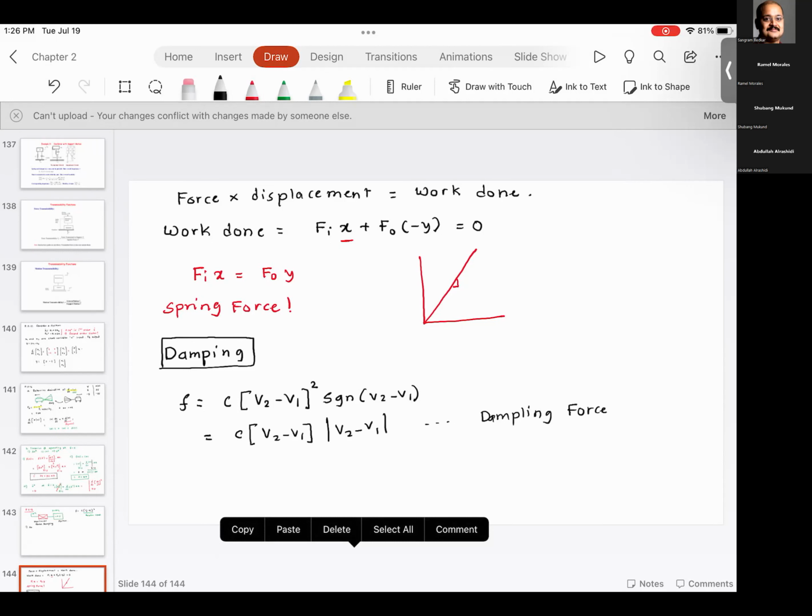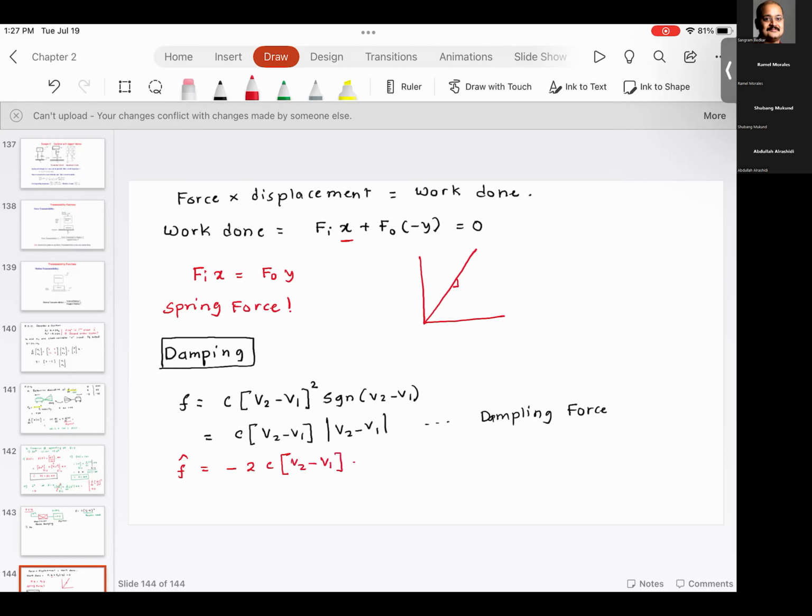can be expressed. The next part is, how do we write the linearization? So this will become minus 2, and I'm following the results that we obtained some time ago, (V2 minus V1) multiplied by (V2 hat minus V1 hat).